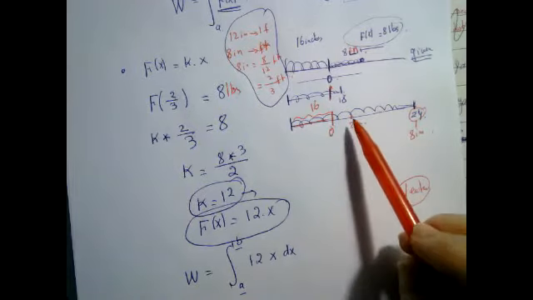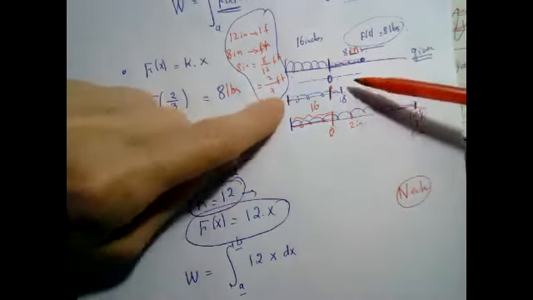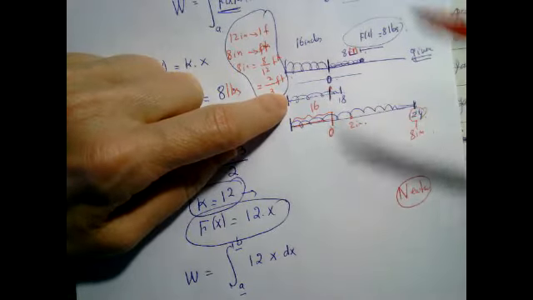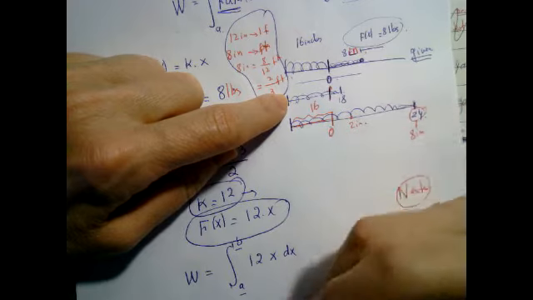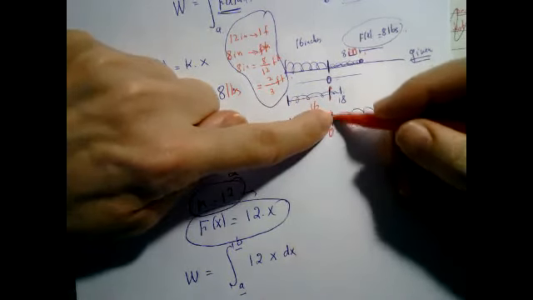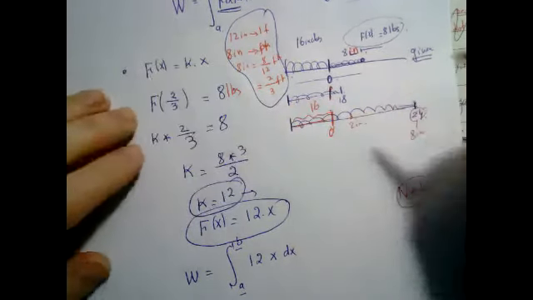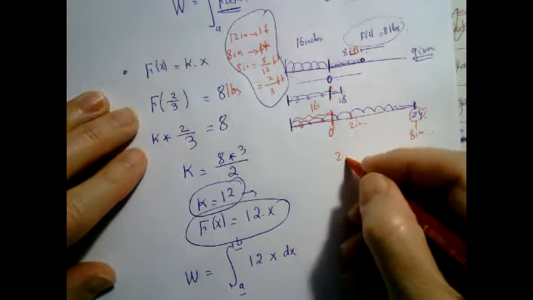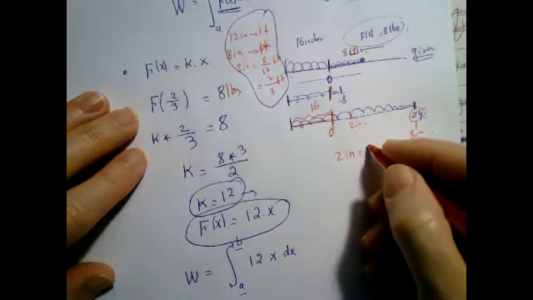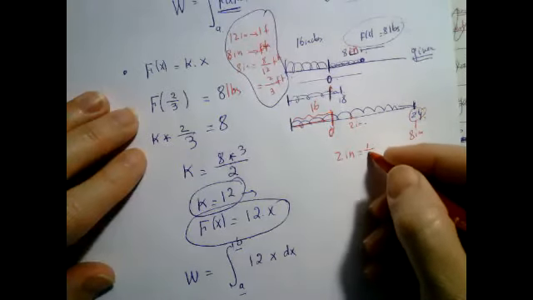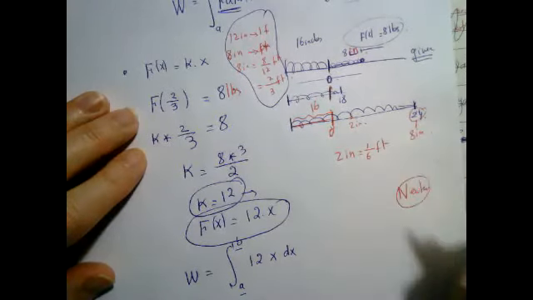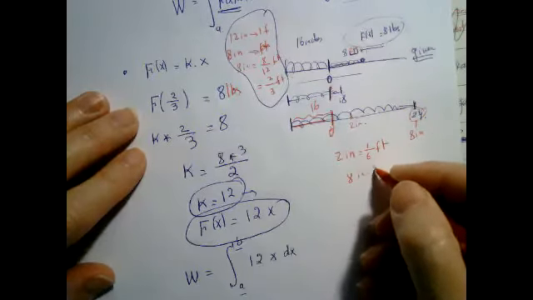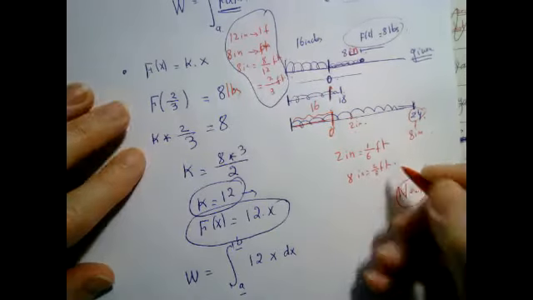So now the work. We have to go from, because now they give us the whole length. So the 18 inches includes the natural length. The formula tells me A should be the stretching, how much you stretch beyond the equilibrium. So now we're stretching from 2 inches. In feet, 2 inches is 1/6 feet, you divide by 12, and 8 inches is 2/3 of a foot.